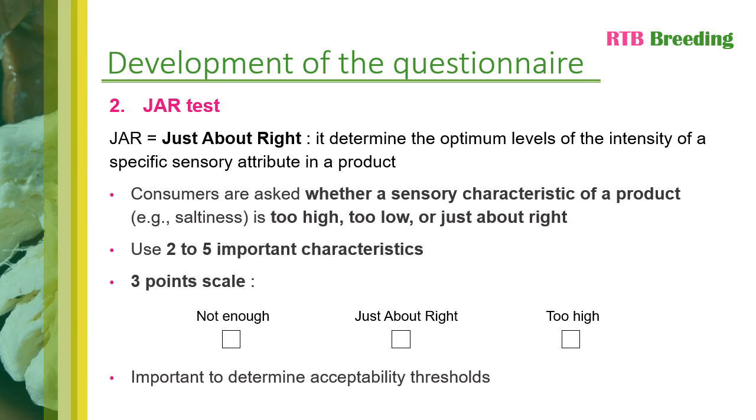One end of the scale is described as too low, the other as too high, and the middle point as just about right. The JAR test is very important because it will enable us to calculate the percentage of satisfied consumers for the different attributes, and this percentage will be used to determine the thresholds of acceptability.